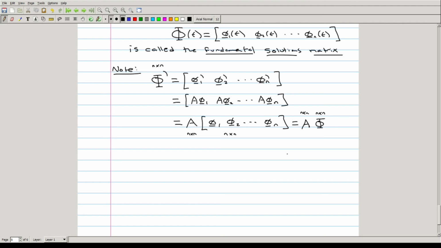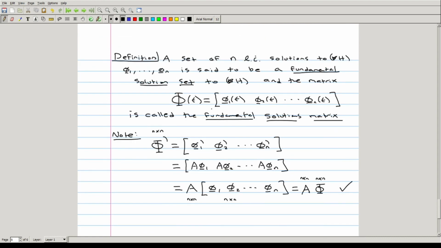And this fundamental solutions matrix satisfies a matrix form of the homogeneous differential equation itself, which is very cool. And we also know that this matrix has columns which are linearly independent to one another, because phi1 through phi(n) are all linearly independent to one another.